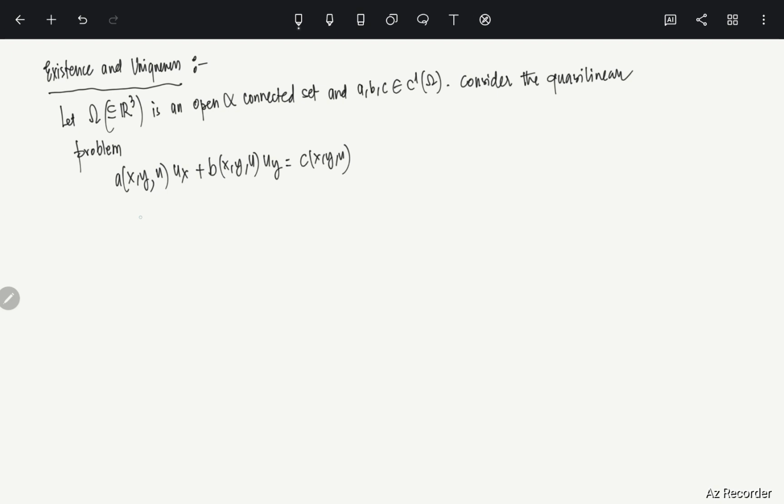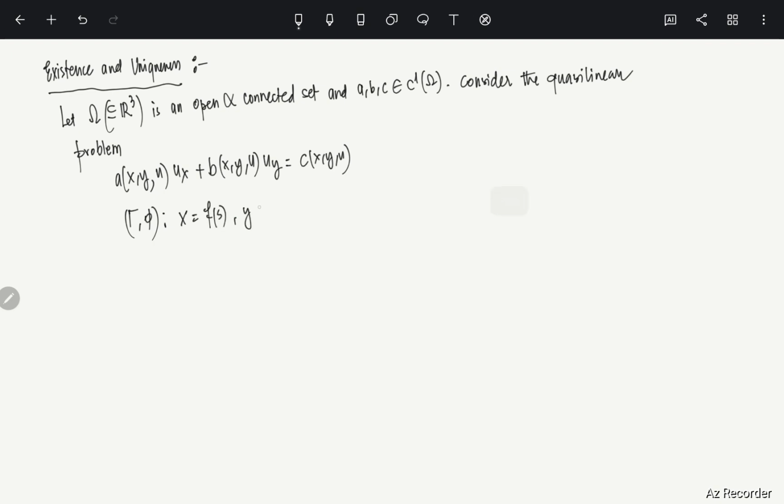The data is given by gamma and phi; this is your initial data. It is given by x equals some f of s, let's say.